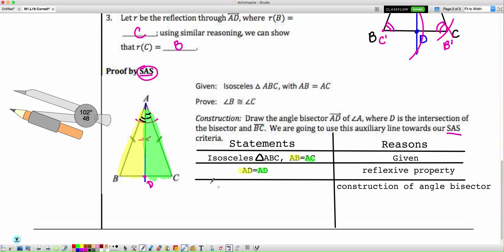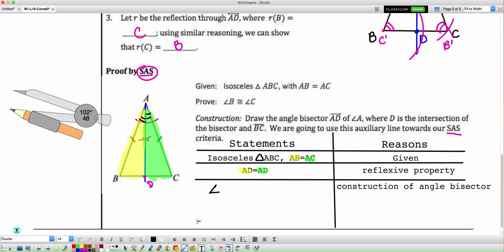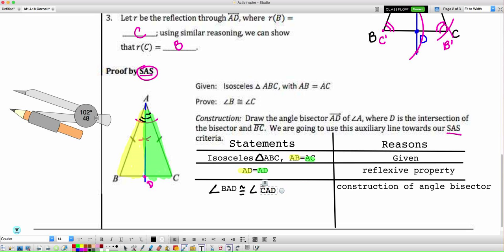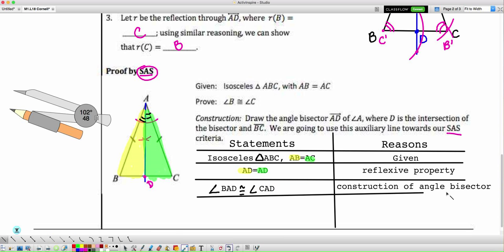So now I'm going to say over here that the angle BAD, so this top angle here, is congruent to, and I'm just going to draw in that congruent symbol, the angle over here, CAD, and that just so happens to be that way because I constructed the bisector.